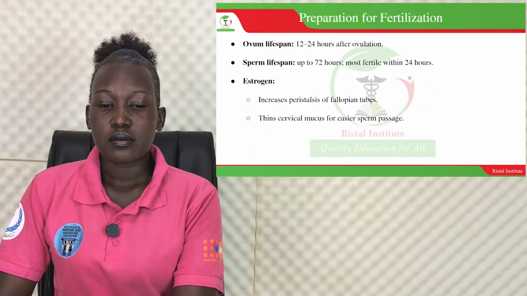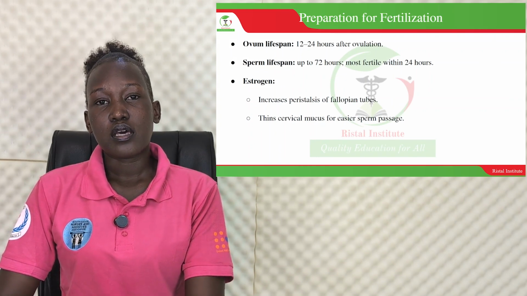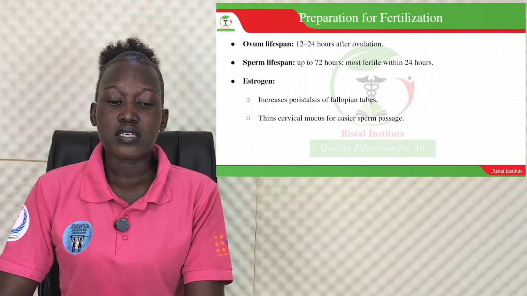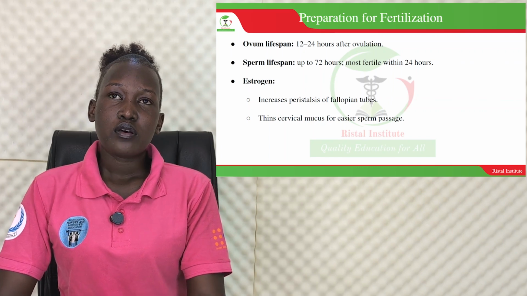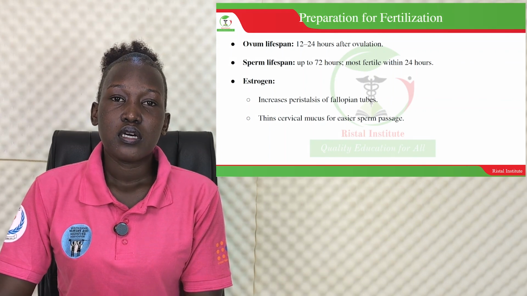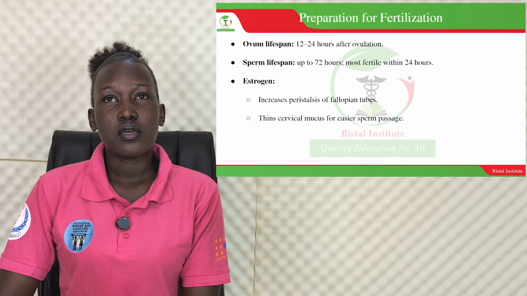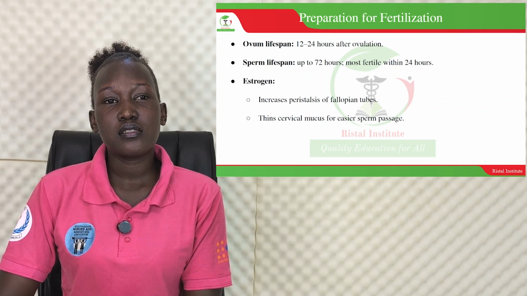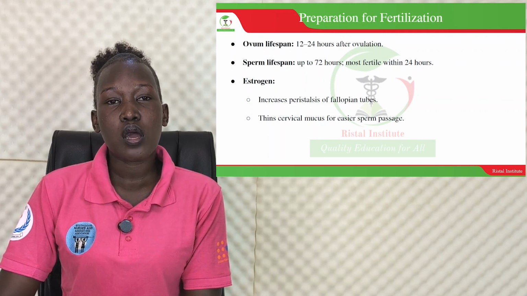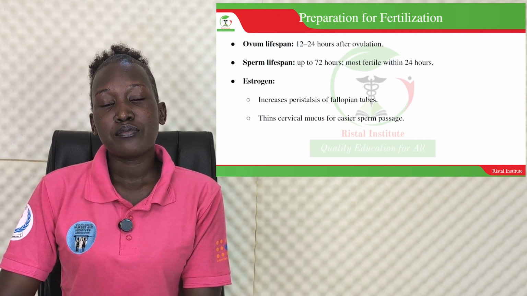So let's look at a few things that prepare a person for fertilization. We have already mentioned that from puberty, the female child will begin to release one ovum, or one egg, at a time with 3 polar bodies.